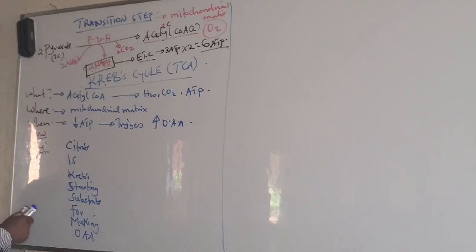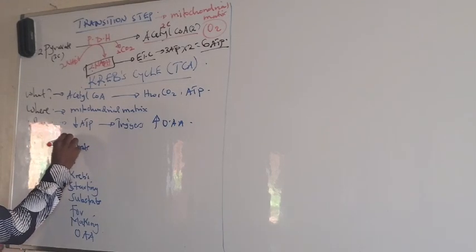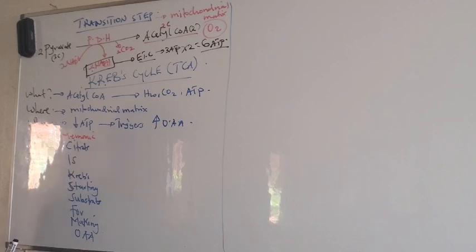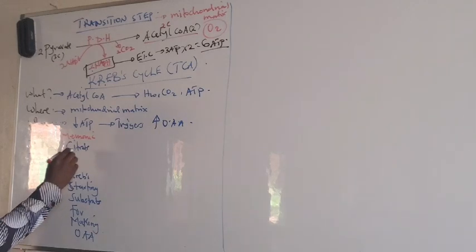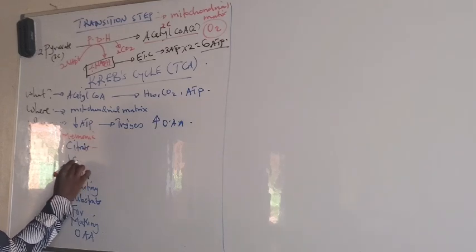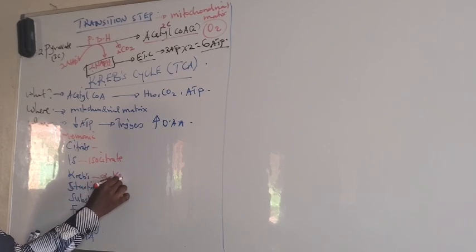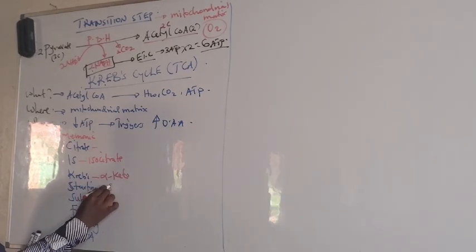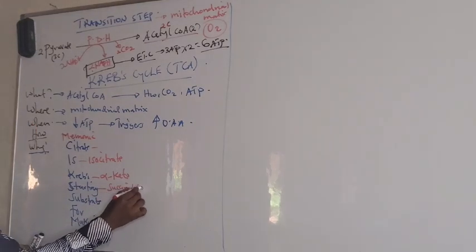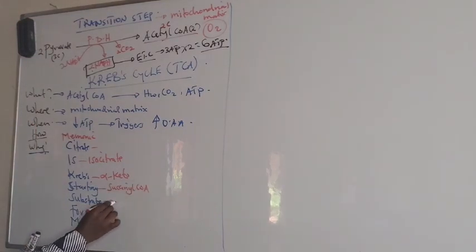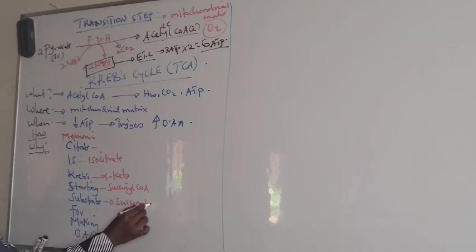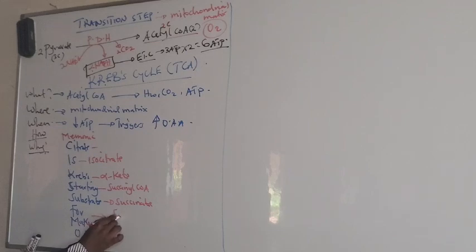With this mnemonic, Citrate remains citrate, Is is for isocitrate, Krebs is alpha ketoglutarate, Starting is succinyl-CoA, Substrate is succinate, For is fumarate, Making is malate, and Oxaloacetate remains the same.